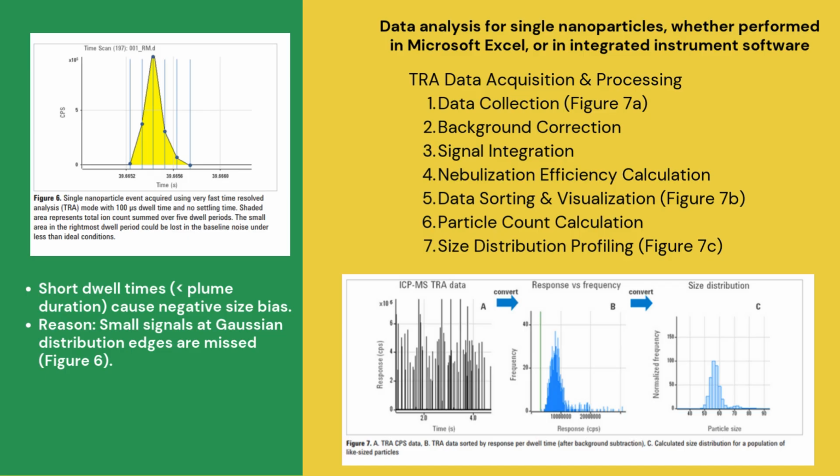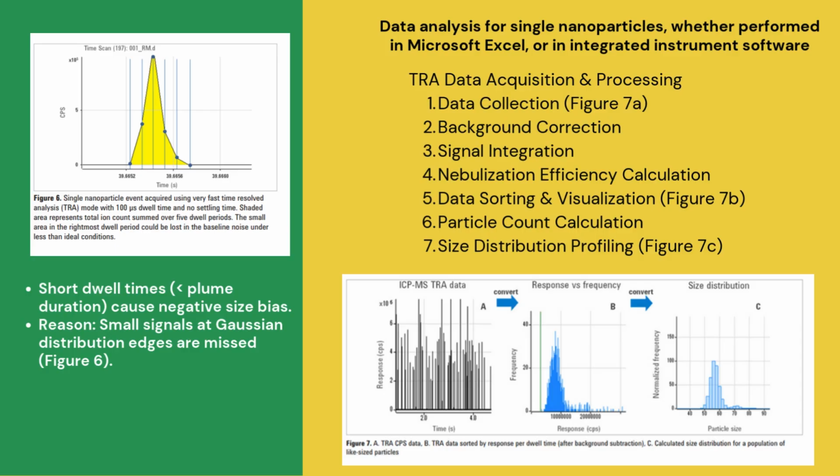After the TRA data, we need to collect the data as in figure 7a, then background correction, followed by signal integration, nebulization efficiency calculation, data sorting and visualization in figure 7b, particle count calculation, and lastly size distribution profiling in figure 7c.